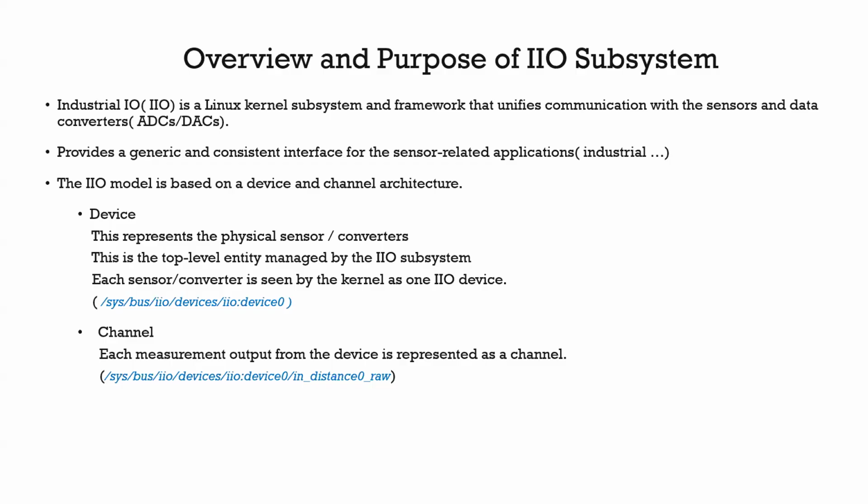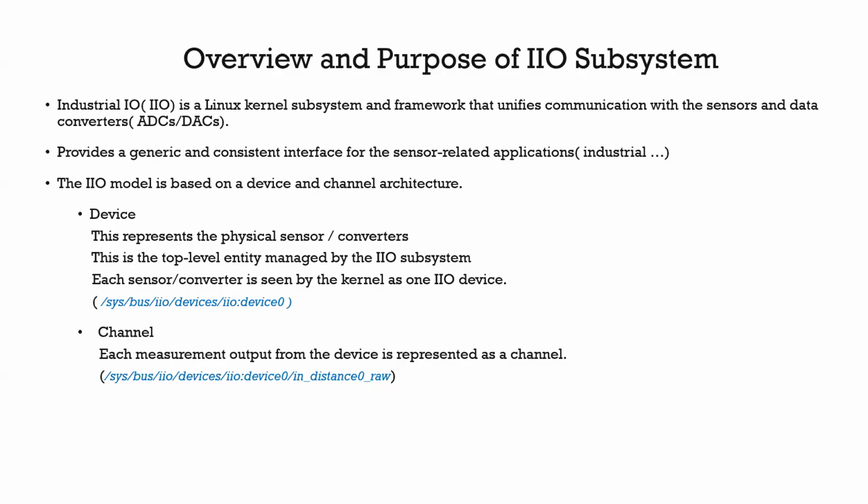If we talk about our time of flight sensor, the VL53L1, it has a single physical channel through which we measure the distance. That particular device can have only one channel.